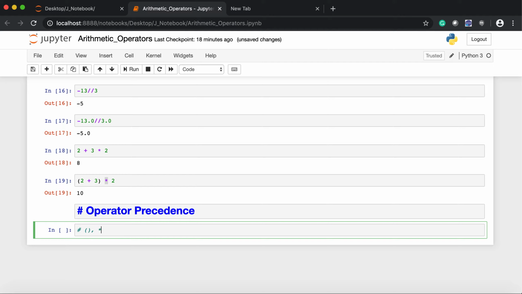Next is the exponential. Okay, next is either multiplication or division. Next then plus minus. Okay, so this is the sequence which the Python interpreter uses to execute our statement or expression.